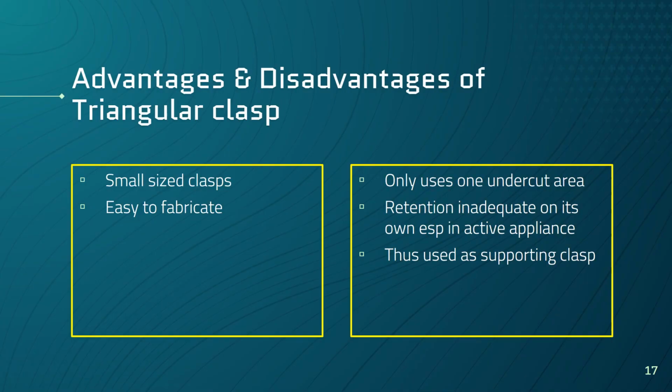Now, the advantage of a triangular clasp is the small size makes the appliance less bulky, and it's easy to fabricate. Now, the disadvantage is a single clasp only uses one undercut area. Thus, again, retention is not sufficient on its own, and thus it's only used as a supporting clasp.